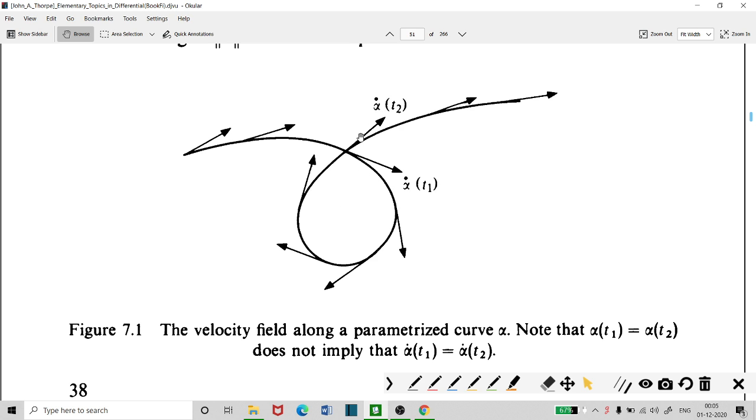If you consider the length of alpha dot at each point t belonging to I, you get a function along alpha. But note that for different values t1 and t2, you can have alpha of t1 equal to alpha of t2, while the vectors assigned at these two points, alpha dot of t1 and alpha dot of t2, are entirely different.